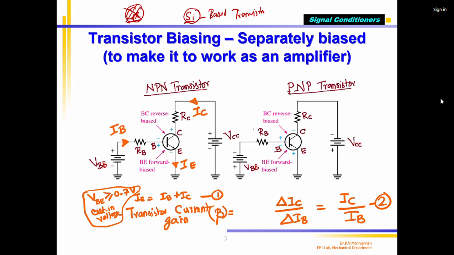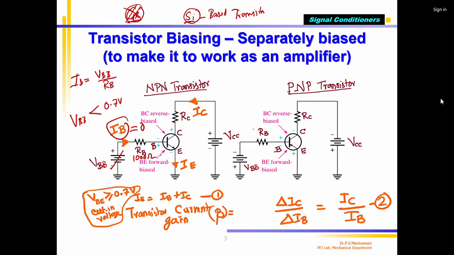In which, if I supply voltage VBB smaller than 0.7 volts, IB will be 0. Note down. This is another problem. What I said, IB equal to VBB divided by RB. I said RB equal to 1000 ohms.